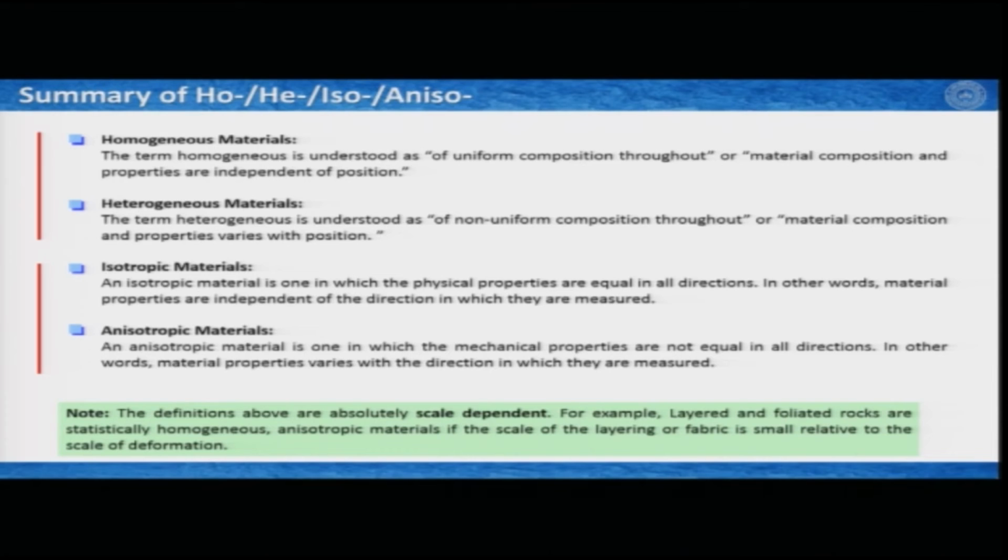An isotropic material, on the other hand, is one whose physical properties are equal in all directions, and if that does not happen, then it is an anisotropic material. You can also consider it in a way that material properties are independent of the direction in which they are measured. We will learn more about it with time, but again I would like to remind you that this concept of homogeneity, heterogeneity, isotropy and anisotropy are again a function of the scale.